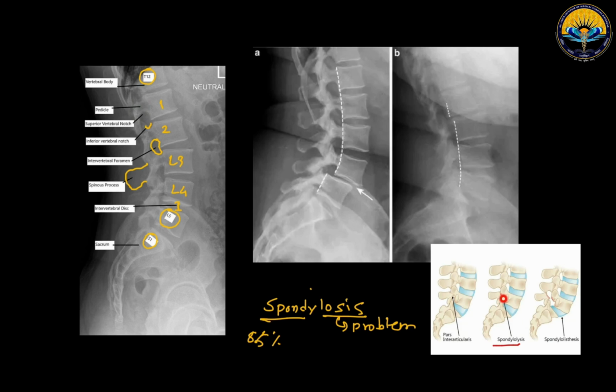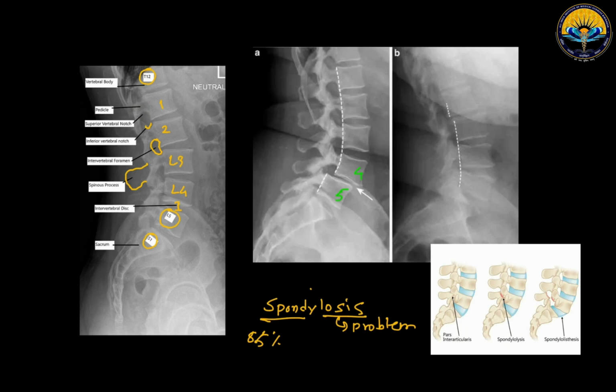Here we have the stress fracture, that is called spondylolysis, while in spondylolisthesis, the fractured pars interarticularis separates, allowing the injured vertebra to shift or slip forward on the vertebra directly below it. So look over here, this is L5, right? And just below it is L4. So L4 is slipped on L5. Okay, so this is spondylolisthesis, right guys?